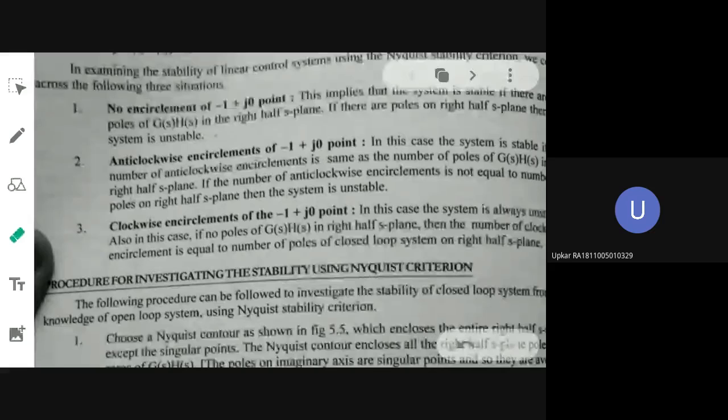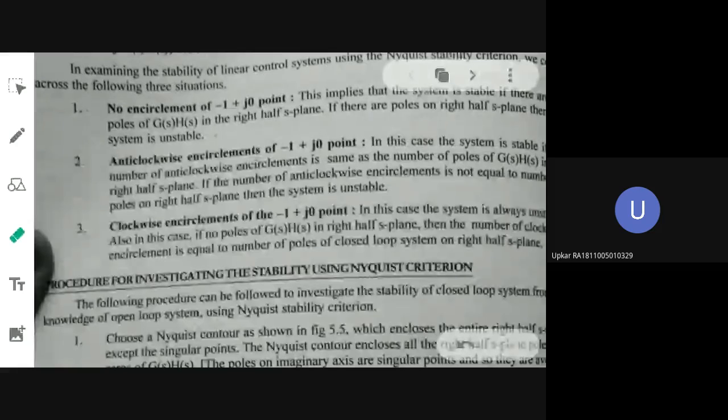Okay, the system is stable if the number of anti-clockwise encirclements is the same as the number of poles located in the right half. Then the system will be stable. Suppose both are mismatching, then the system will be unstable.